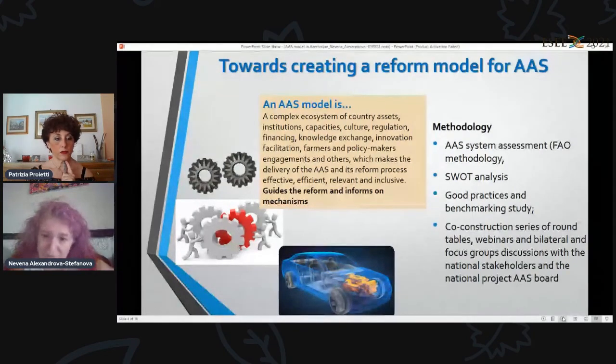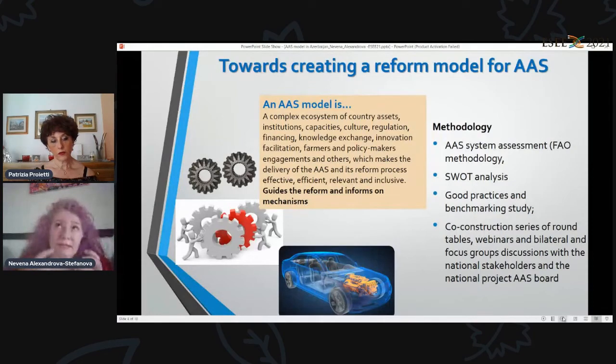We have studied good practices and also did a benchmarking study on the successful practices around the world, in particular in the European Union, and also did this design, this architecture of the model with several mechanisms in a co-constructive way.